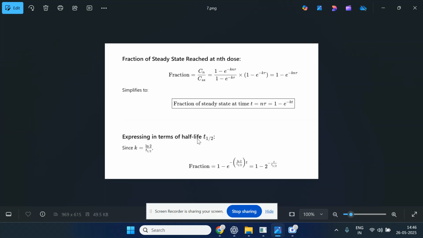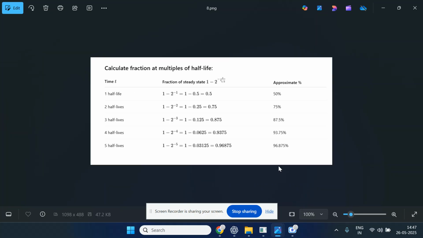Expressing the terms in half-life T half, we have already proved that k equals ln2 by T half. After putting this value here, we get that the fraction at time t is 1 minus e to the power minus ln2 by T half into t, and from there e to the power minus ln2 gives 1 minus 2 to the power minus t by T half.